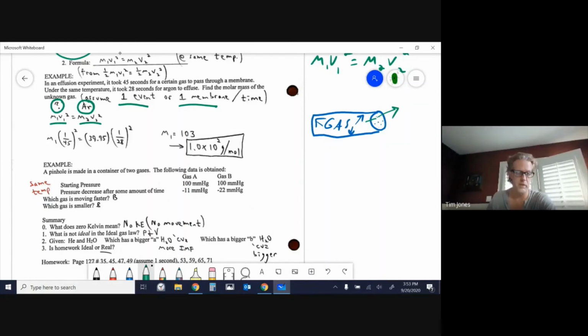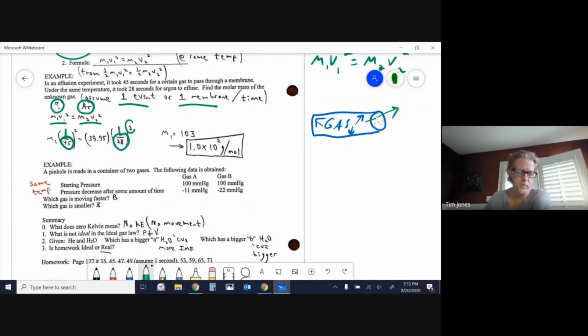So since it talks about it going through one membrane in a certain amount of time, I said the unknown gas went through the one membrane in 45 seconds, and the argon went through the same membrane in 28 seconds. So that's my velocity, even though it's not your traditional distance over time.